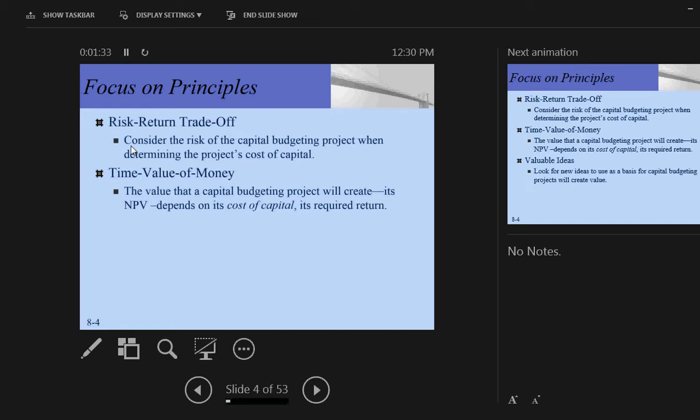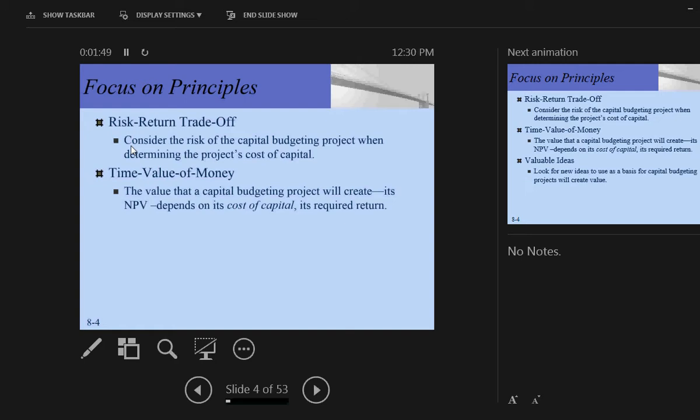So why do we care about cost of capital? We're going to see cost of capital as the opportunity cost of putting our money in a particular investment project. That means that we are viewing this as an investment that is going to generate cash flow in the future or revenues in the future.